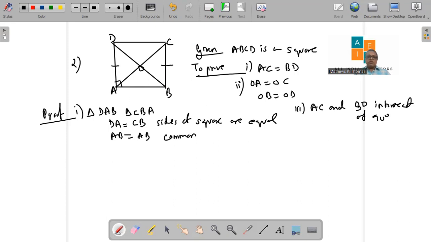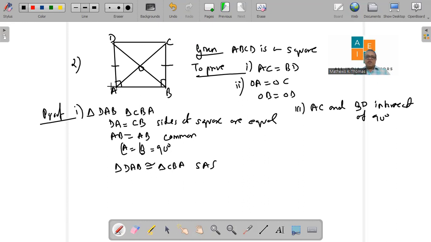And it is already given a square, so angle A and angle B are 90. So we've got three conditions: side, angle, side. So triangles are congruent by SAS. Side, angle, side, right?